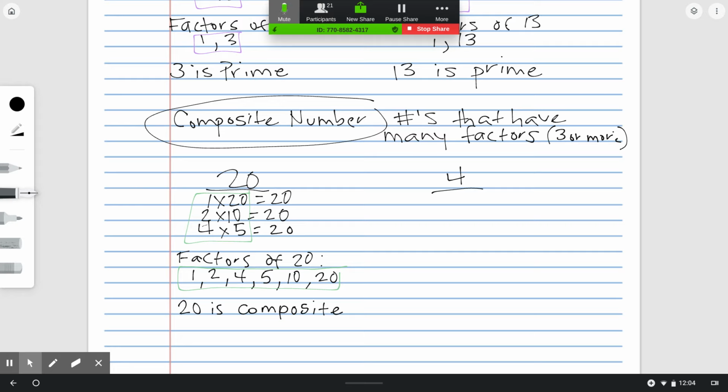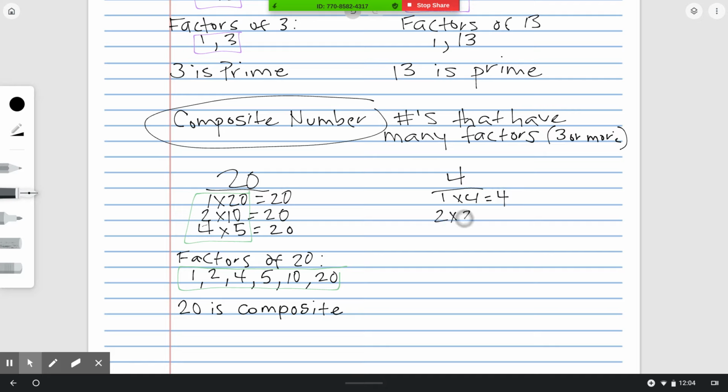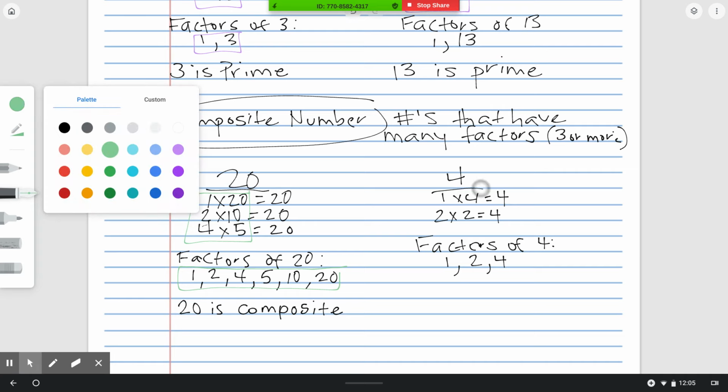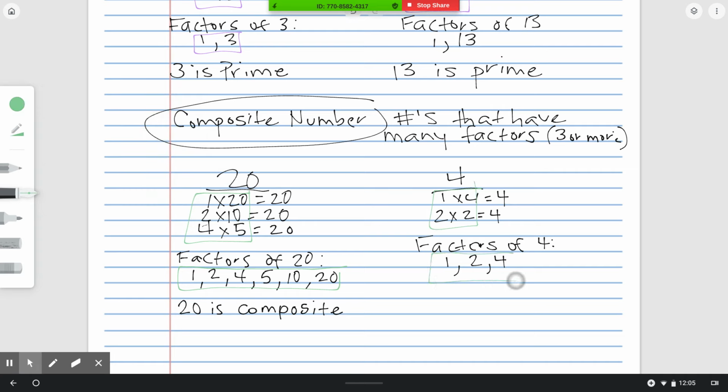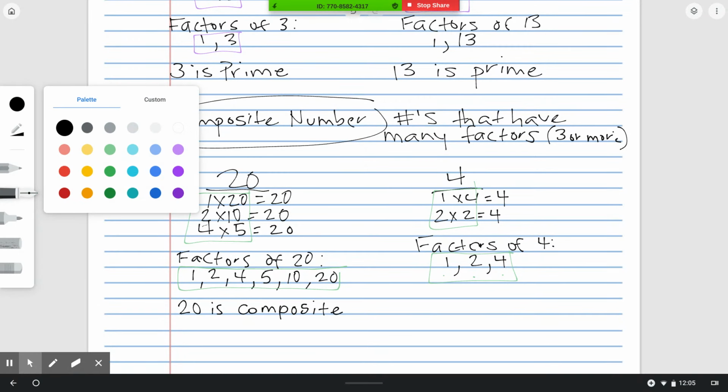All right, on your paper, you should have had 1 times 4 equals 4. You should have also written out 2 times 2 because that is a number combination. I know then the factors of 4 are 1, 2, and 4. Any number that has 3 factors or more is a composite number.